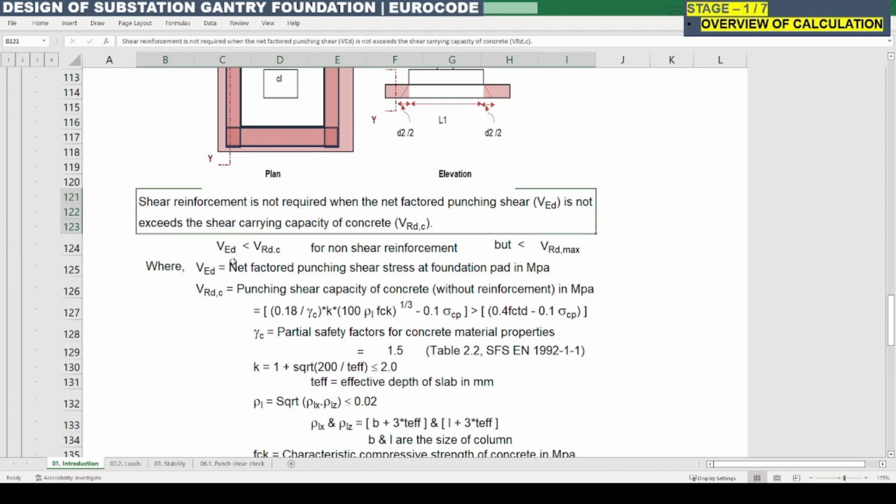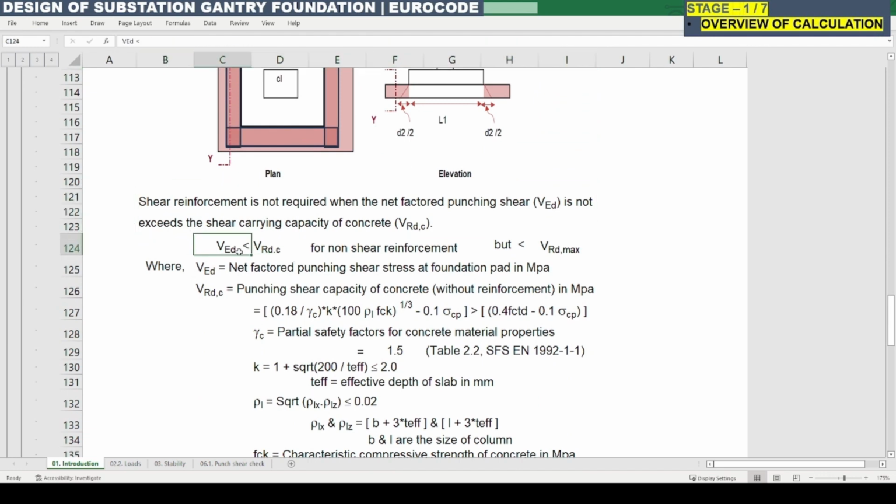So if the calculated or actual punching shear is less than the resisting punching shear, then there is no requirement of shear reinforcement, or else we need to provide shear reinforcement. But this VED should not exceed VRD max described in EN 1992.